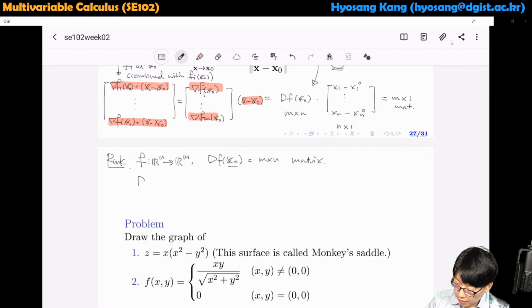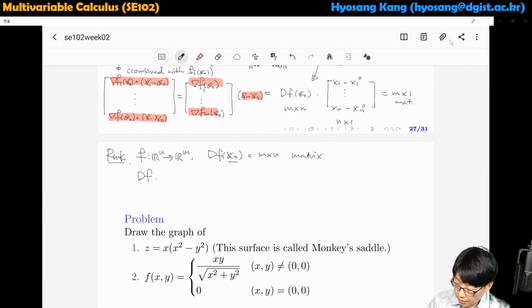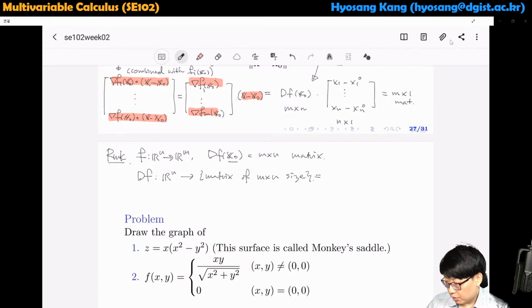However, you can also define your differential as a function which sends a point inside of R^n space to the set of matrices of size m by n, which is equal to R^(mn).